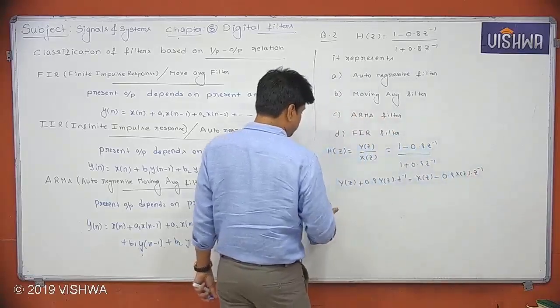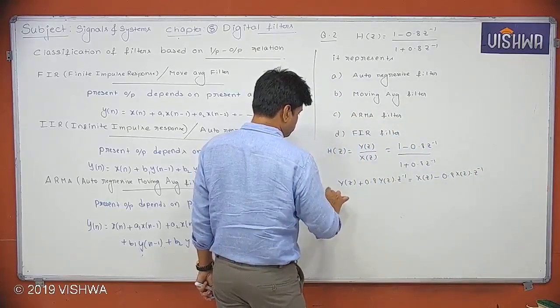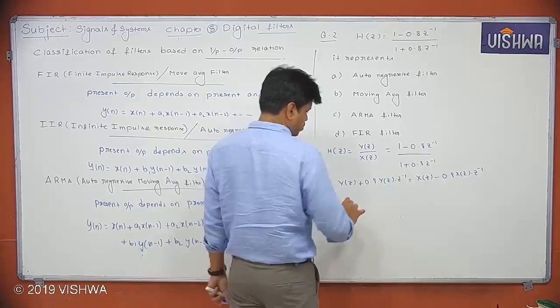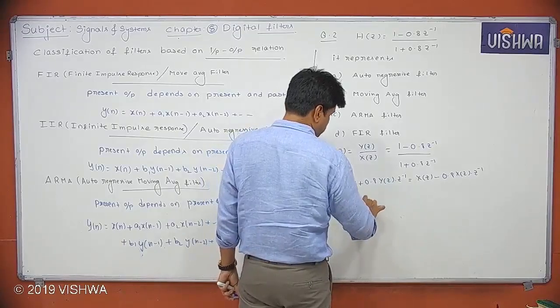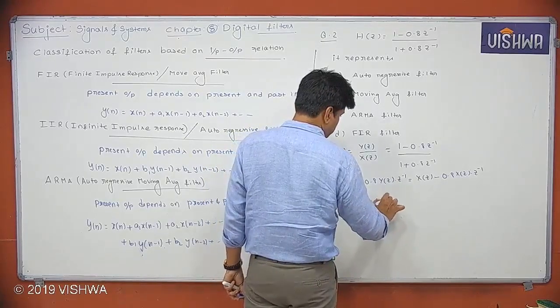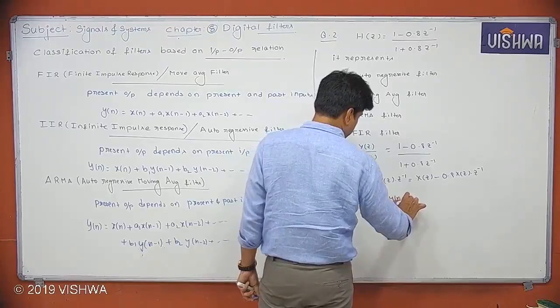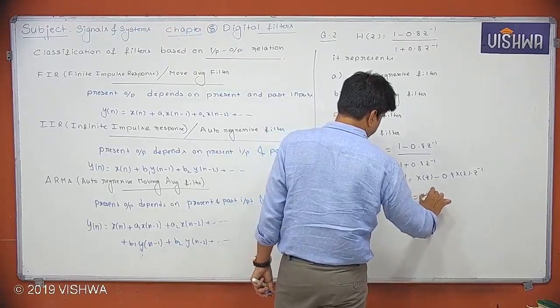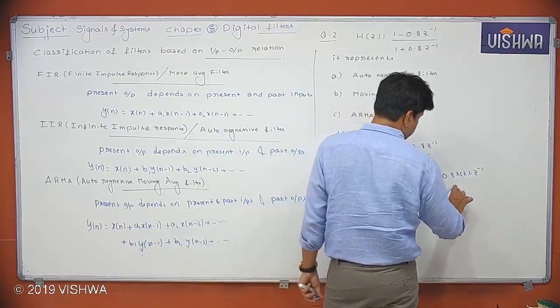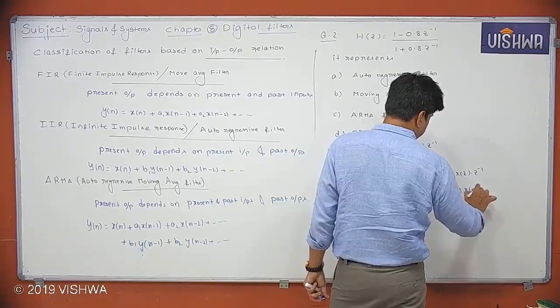So by taking the inverse z transform on both sides, we get Y of n plus 0.8 Y of n minus 1 is equal to X of n minus 0.8 X of n minus 1.